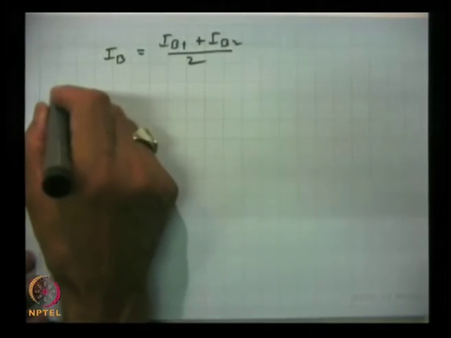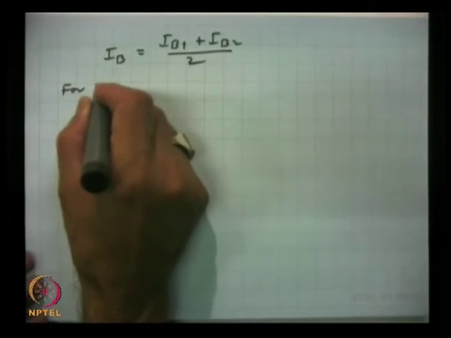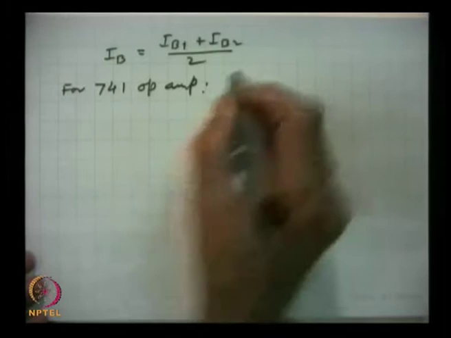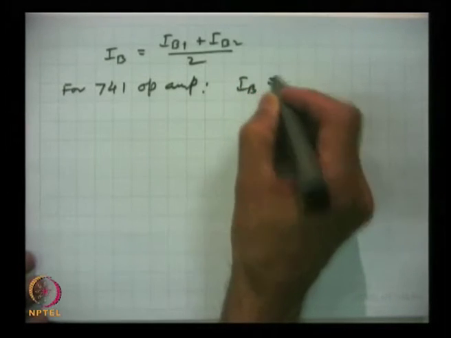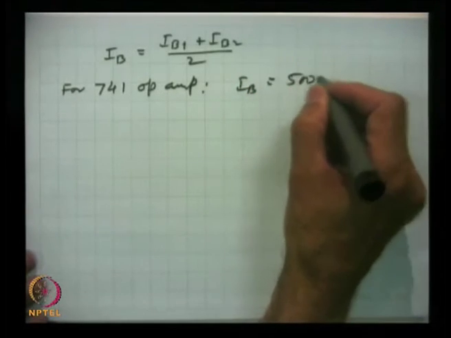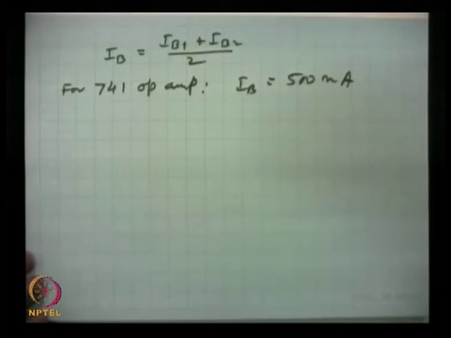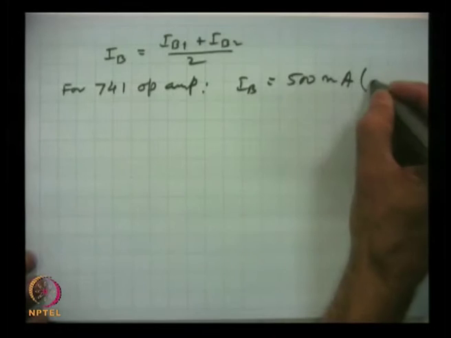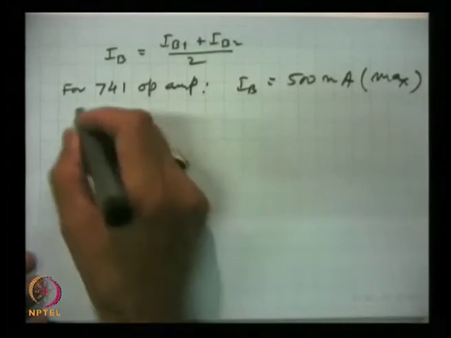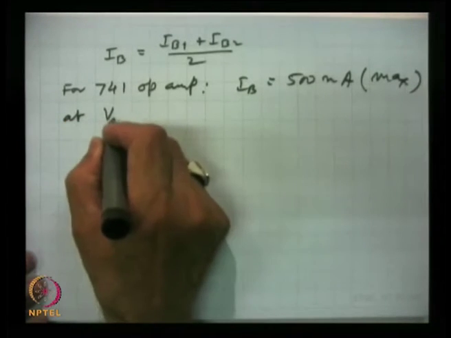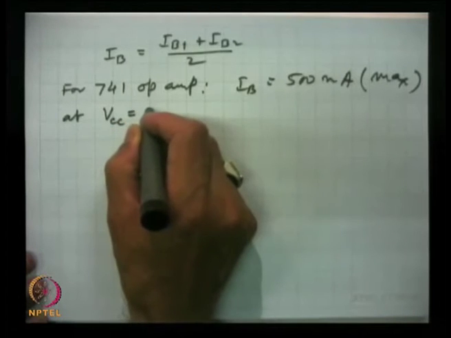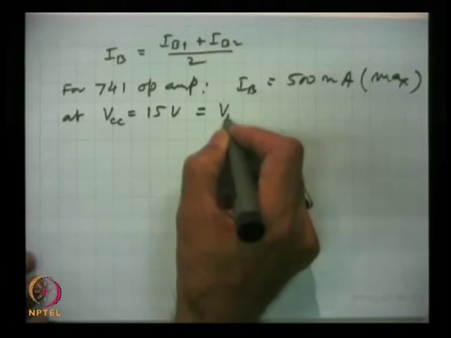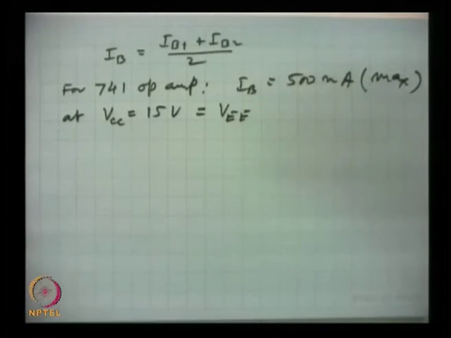For example, for the 741 op-amp, IB is given as 500 nanoamperes. This is the maximum current at VCC equal to 15 volts, same as also VEE.